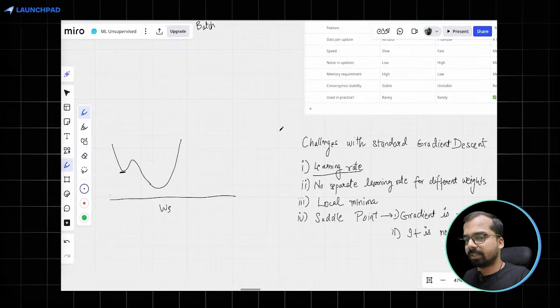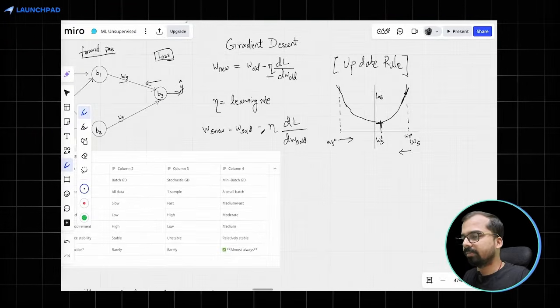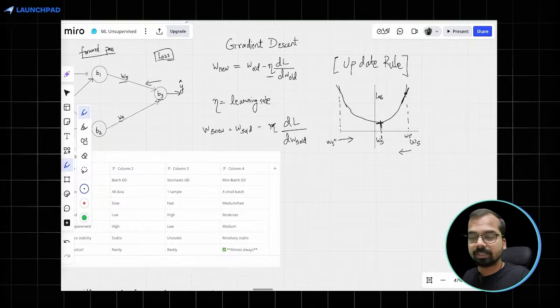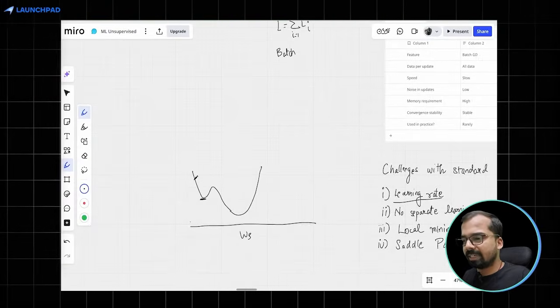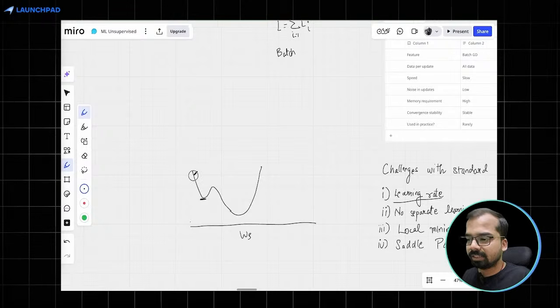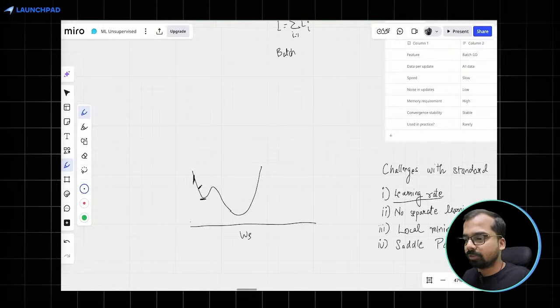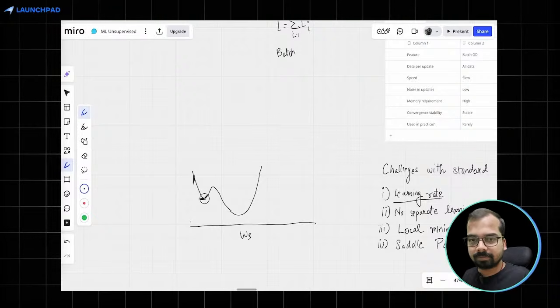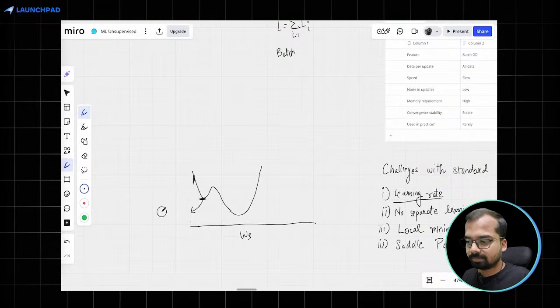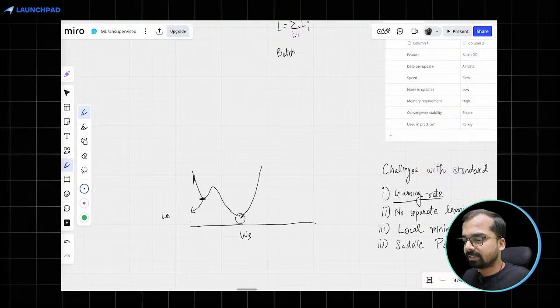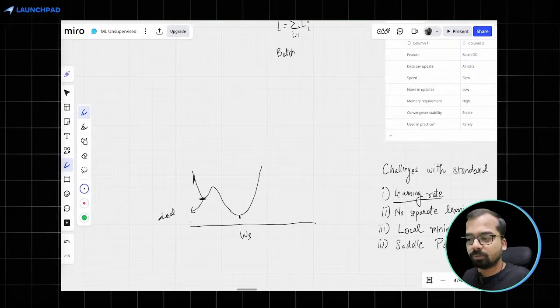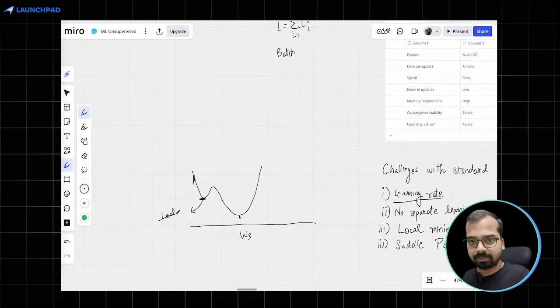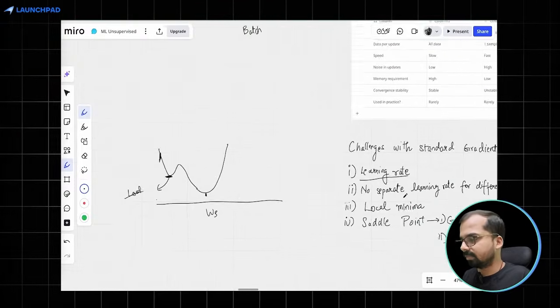If my slope is 0, will my weights change over it? It will not change, right? So if by mistake I initialize somewhere over here and I use gradient descent, I will be stuck over here. So this is local minima. But global minima is somewhere over here. So I will be stuck in local minima and I will not get the best performance. I will get suboptimal performance.